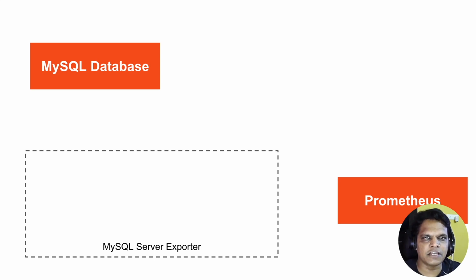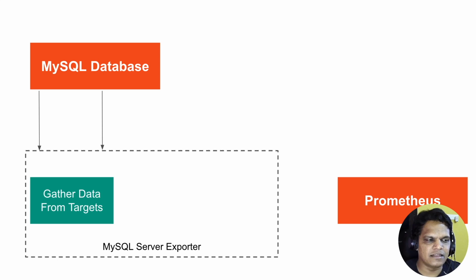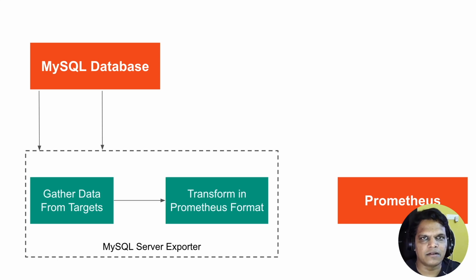To scrape the metrics from MySQL, we need the MySQL Server Exporter. It works on the same fundamentals as the other exporters. It gathers the data from the targets, which are the MySQL database servers, transforms that data into the Prometheus format, and later, with the help of jobs, Prometheus can scrape that data from the exporter.